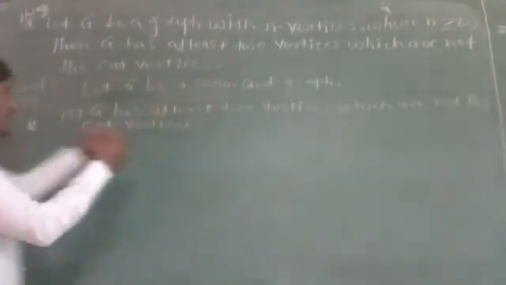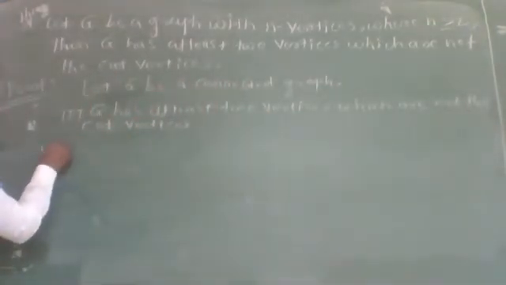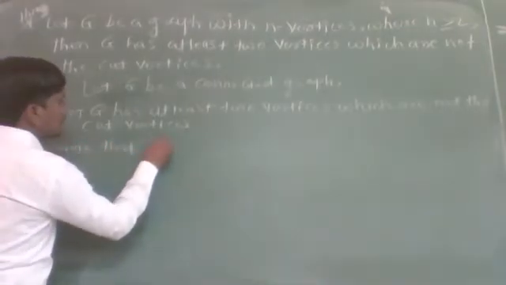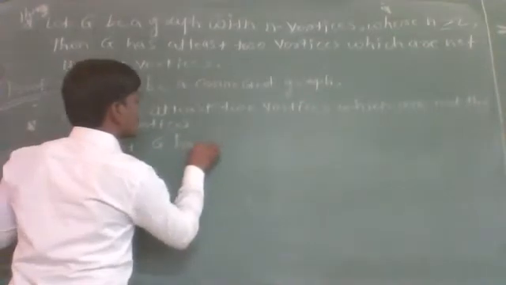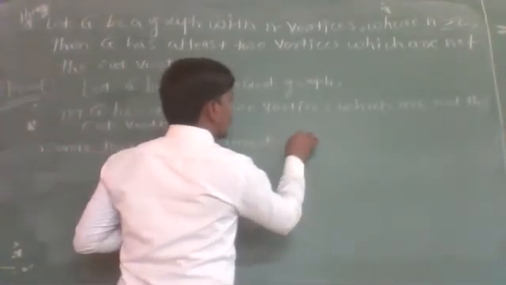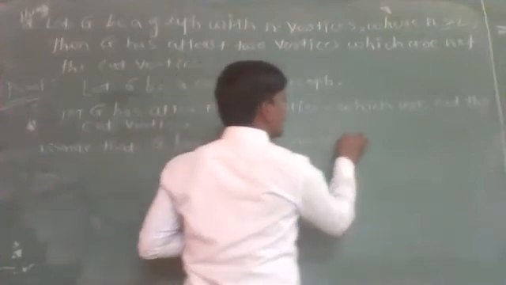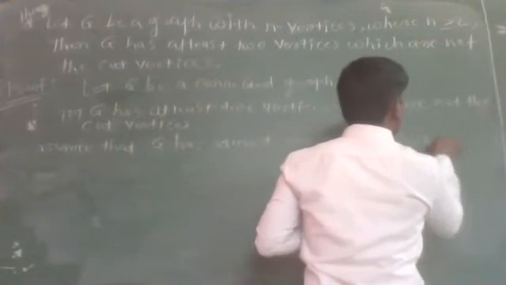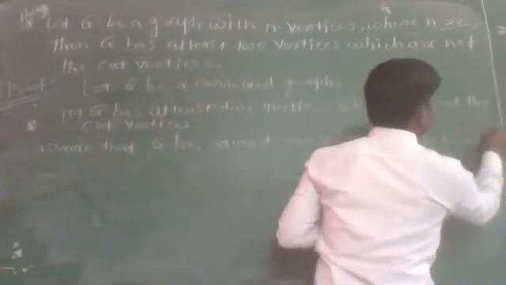Let us assume that G has at most one vertex which is not a cut vertex.